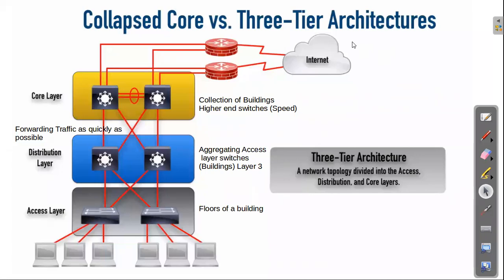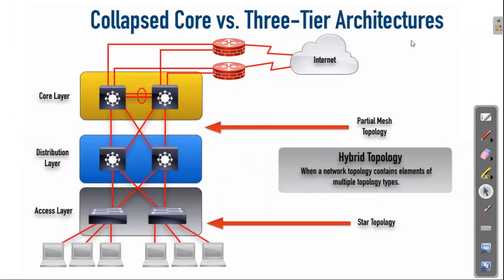Next, we'll discuss the architecture a little bit. This is called collapsed core or three-tier architecture, right?